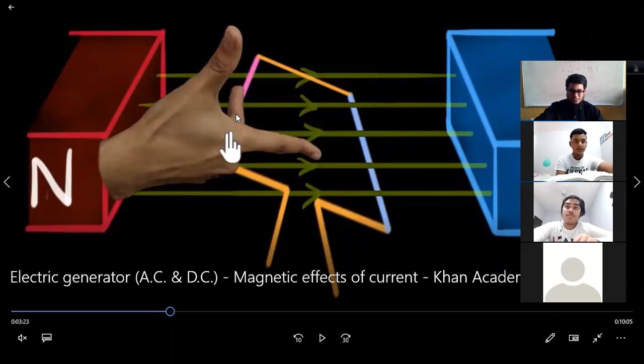So as a result, this finger will show you the direction of the current produced. Through the pink wire, it will be going in the inside direction, okay, and it will be coming out here. After a little bit you will see another hand which has been placed here, and it will show you why the current will come out through this, okay?